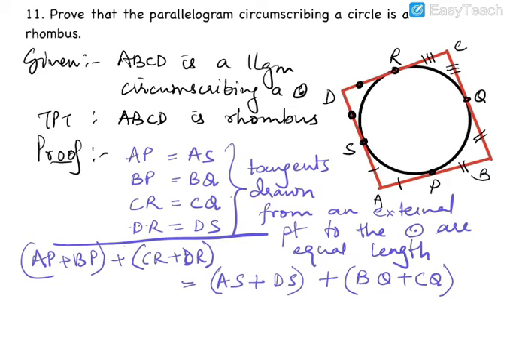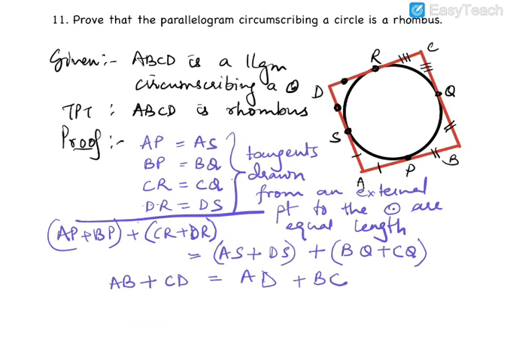From the figure, AP plus BP is AB, CR plus DR is CD, AS plus DS is AD, and BQ plus CQ is BC.